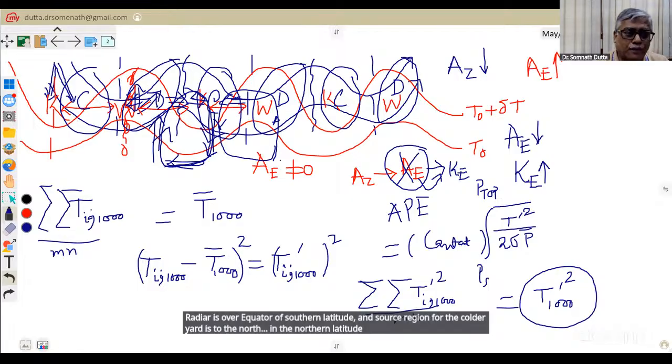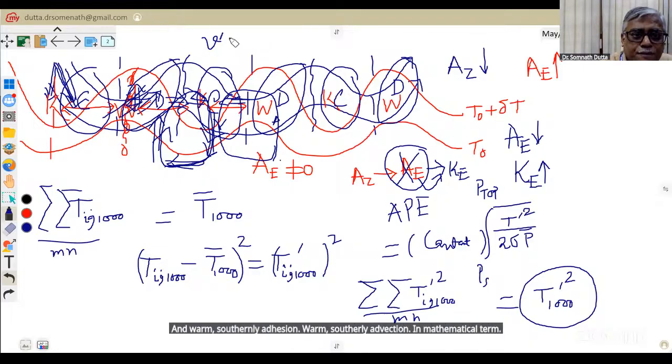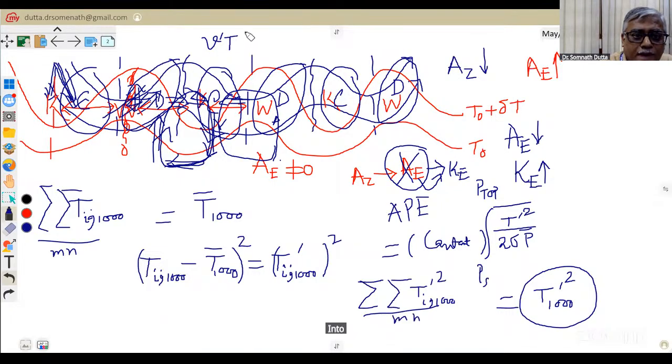So therefore compensation is possible if there is cold northerly advection and warm southerly advection. In mathematical terms, we say like this: V prime T prime bar, this covariance, it should be positive.